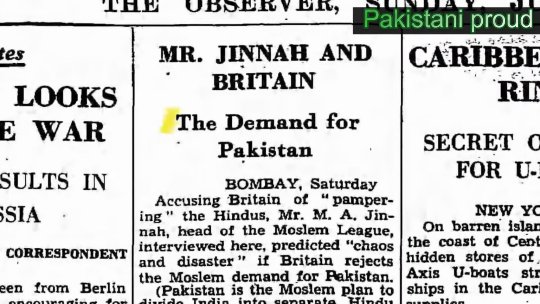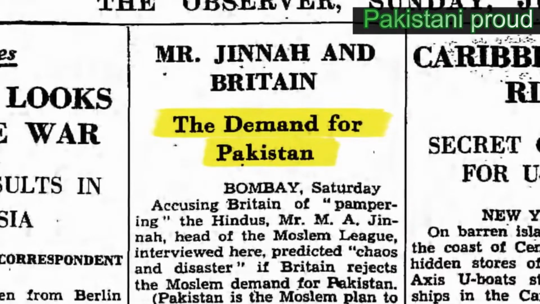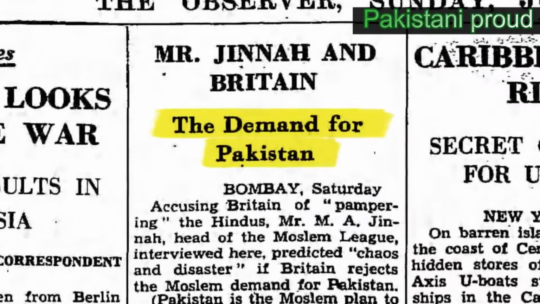Jinnah called for an independent nation of Pakistan, in which Muslims would be in the majority. He warned a united India meant slavery for Muslims. Muslims insisted on their demand for their own separate state and complete independence from the Hindu majority.